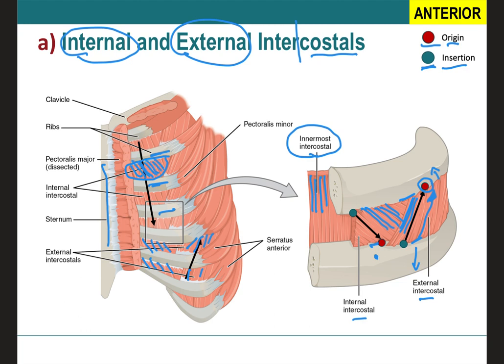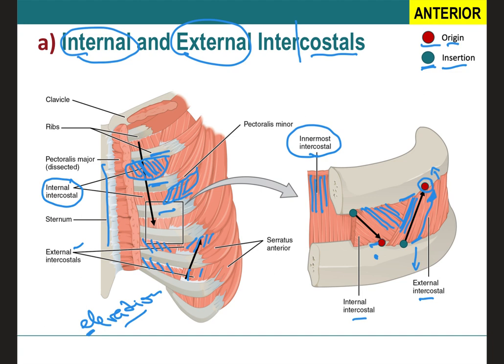And the external intercostals will be elevating the ribs, so it will create a wider space in between the ribs. And the way that I remember is that external starts with E, and elevation also starts with E. Therefore, the external intercostals will elevate the ribs, and the opposite will happen to the internal intercostals. Therefore, they will depress the ribs.